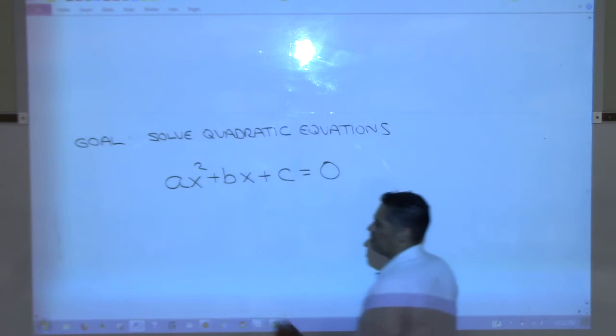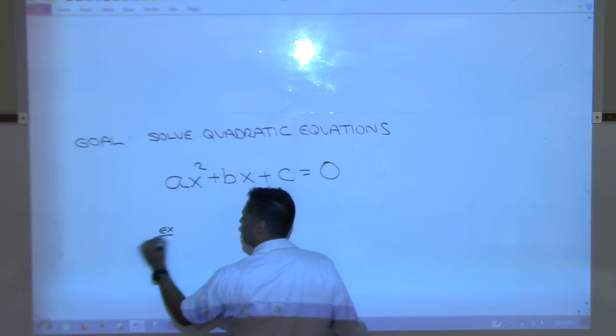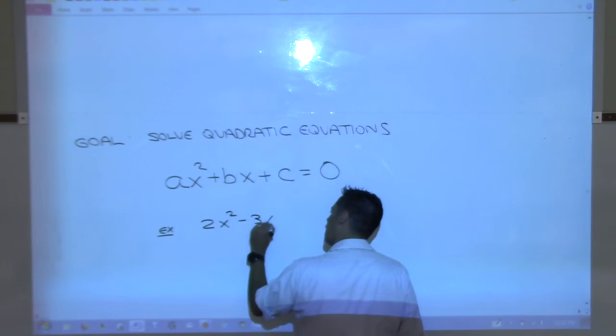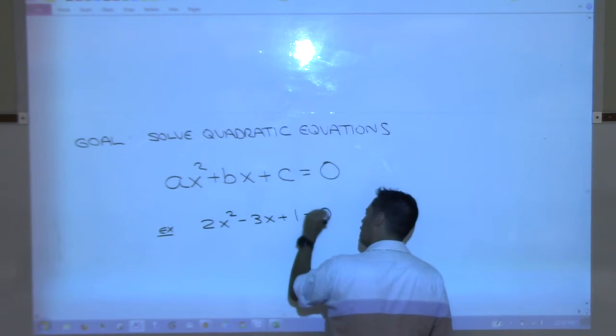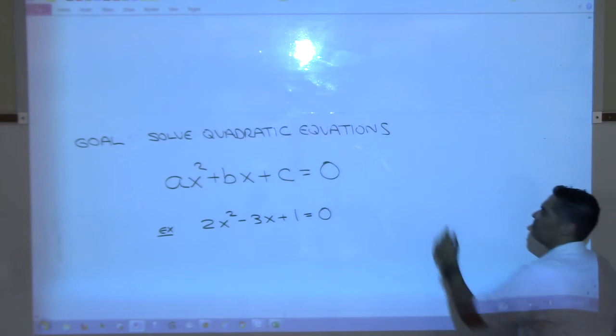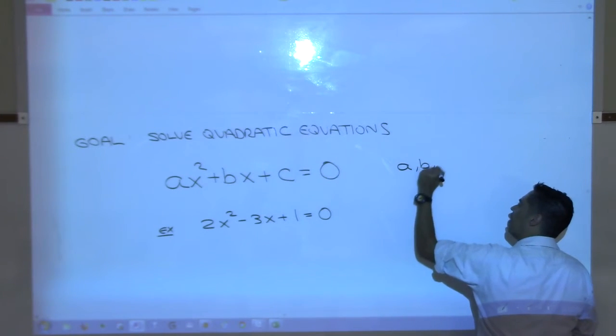Some specific examples of quadratic equations, I'm going to give you a couple here. 2x squared minus 3x plus 1 equals 0. Is that a quadratic equation? I should say here A, B, and C are numbers, okay?